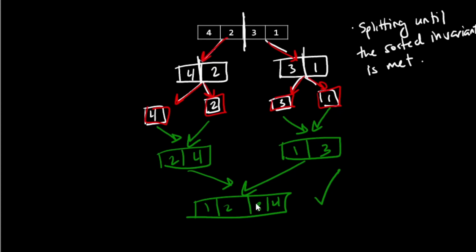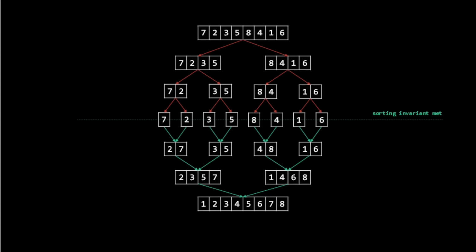So this is the fundamental idea of merge sort, actually, is to split. So you have a kind of like a splitting phase and then a merging phase afterwards. So we saw this for size 4. Let's look at a slightly more complex example of size 8. So here we have the same idea. You split in half for the 7, 2, 3, 5, 8, 4, 1, 6, again into 7, 2, 3, 5, 8, 4, 1, 6.